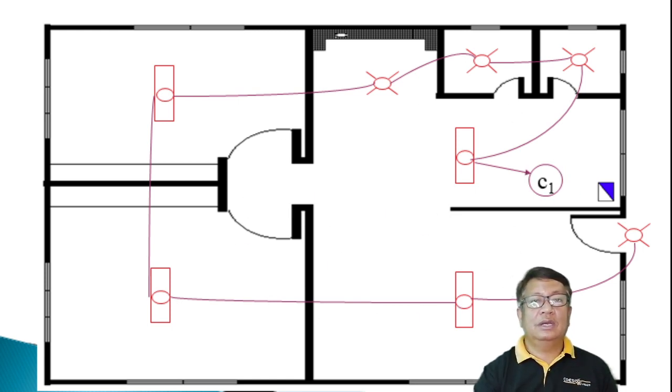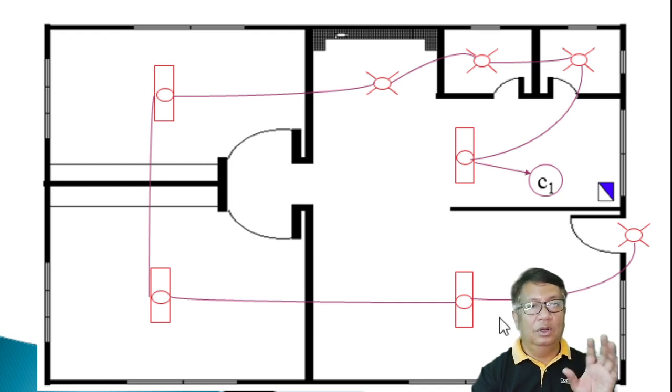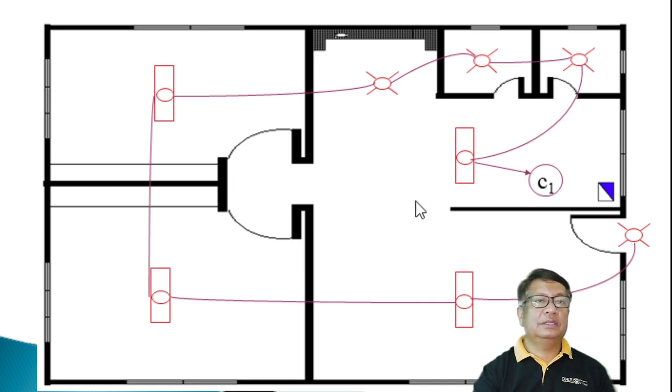That is why it is suggested that your lamps be divided into two or more branch circuits. But this is just a small, simple residential house, so you have only one branch circuit, to be economical also.